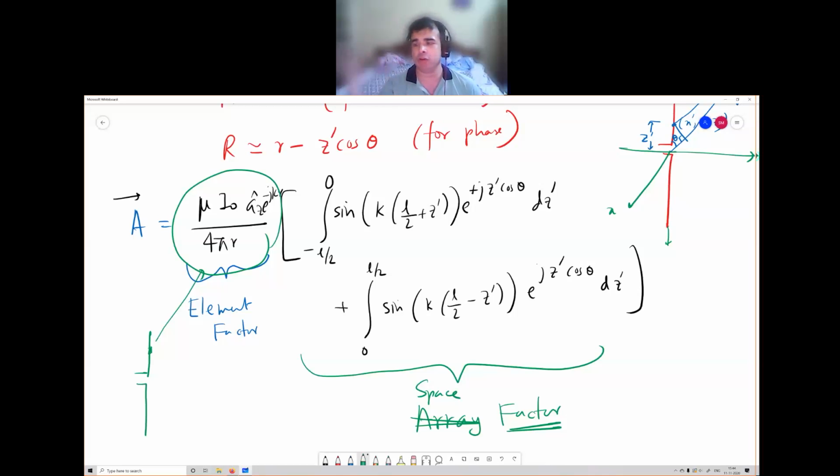And how to find the total A? We have to integrate over the entire antenna. We have done this, right?